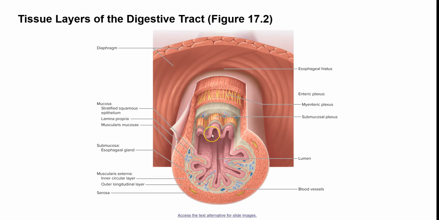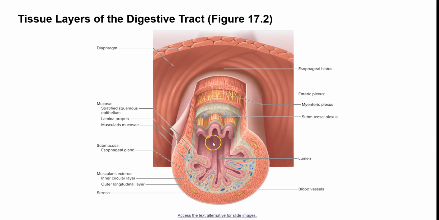But if you are looking in the mouth or the esophagus or close to the anus, you would actually see stratified squamous epithelium in those areas because those areas are going to be much more subject to friction or abrasion. The mouth and the esophagus, being that you're going to be swallowing food, that's going to create friction in those organs, and then the anus is where the more solid feces will be leaving the body, creating friction there.